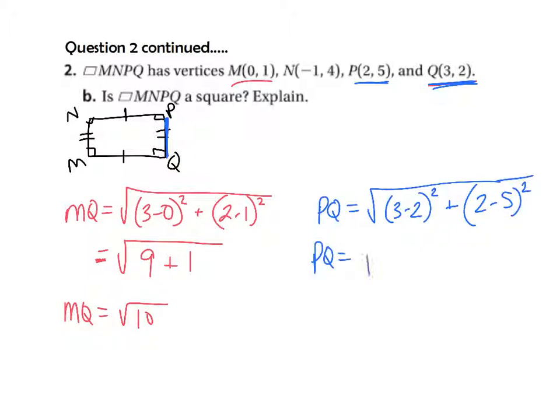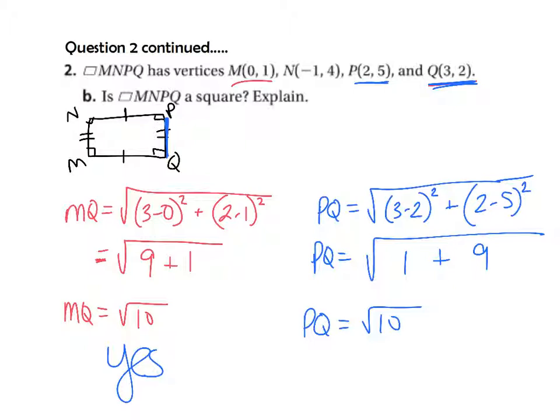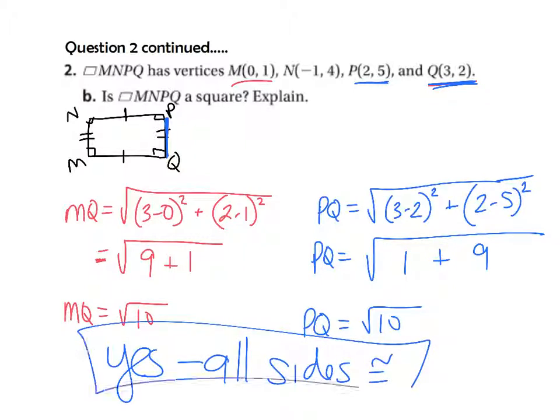All right. 3 minus 2, that's 1 squared, is 1. Plus 2 minus 5, that's negative 3. But if you square it, it goes back to positive 9. Ooh, looky there. That's going to be square root of 10. Yes. If I've got consecutive sides like that congruent, that's going to force all 4 sides to be congruent. So I'm going to say, is it a square? Yes. All sides congruent. Oh, and perpendicular.